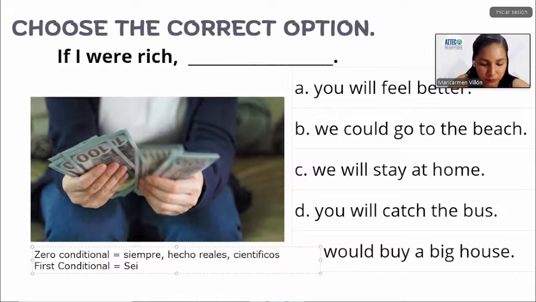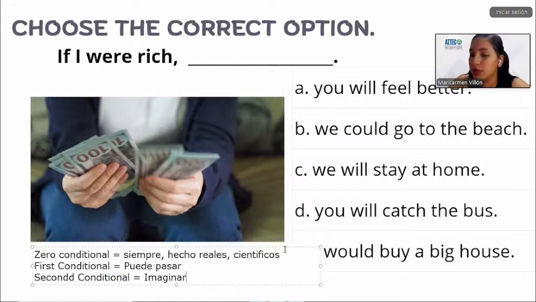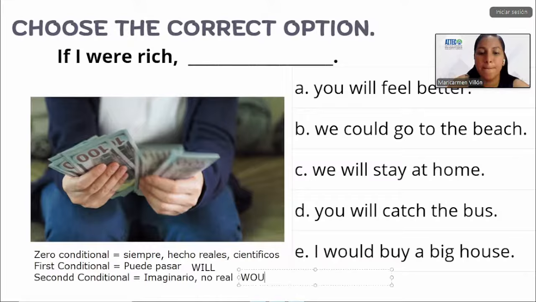Eso siempre pasa. Puede pasar, pero ya. Ok, ahí dejé una pollita. Very good. If I were rich, I will buy a big house. Excellent. Ok.